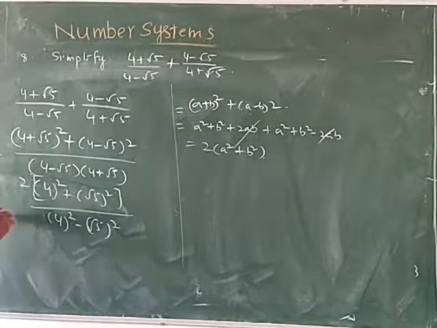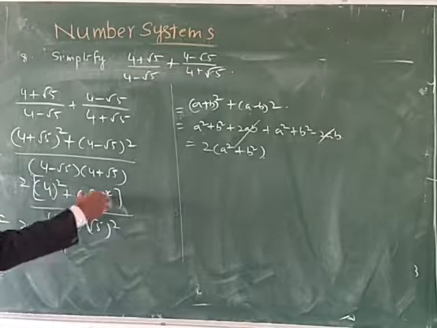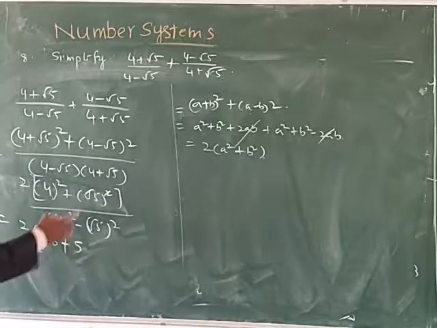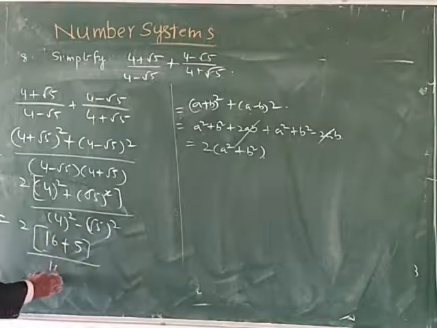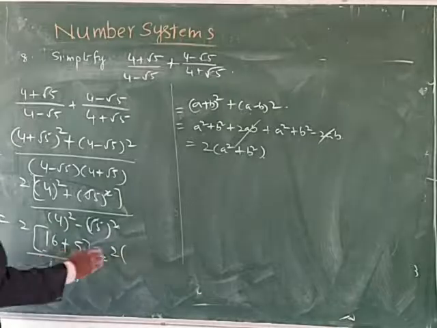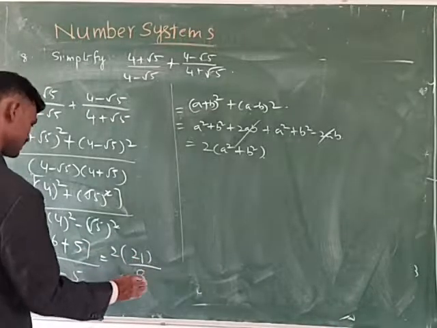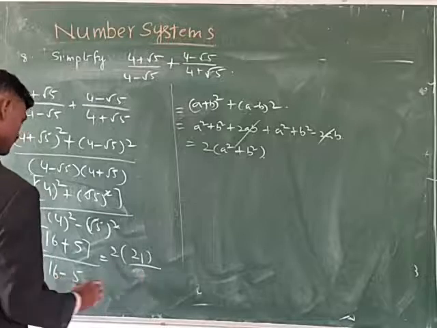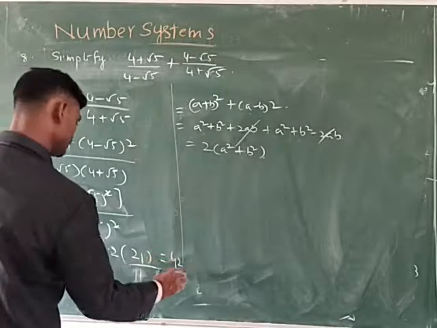Now 2 times (16 plus 5), the root squares cancel, over 16 minus 5, equal to 2 into 21 over 11. Then this is 42 by 11, the answer.